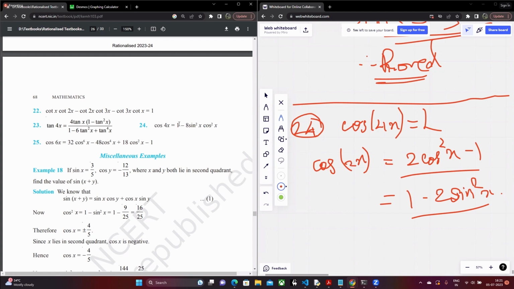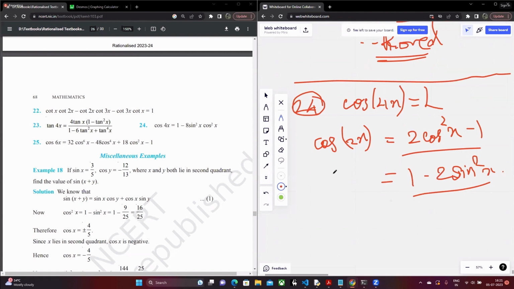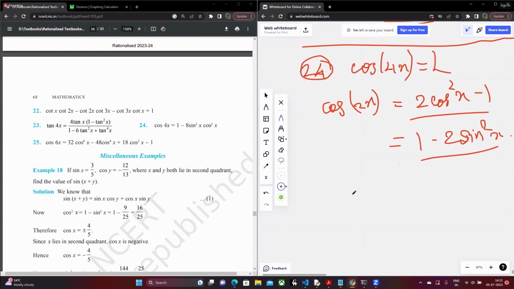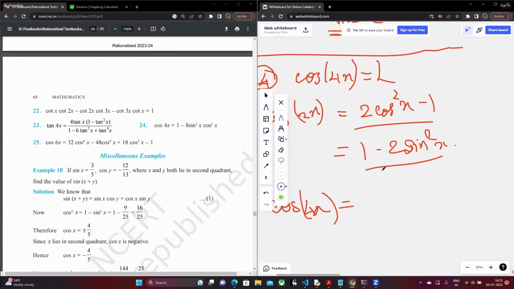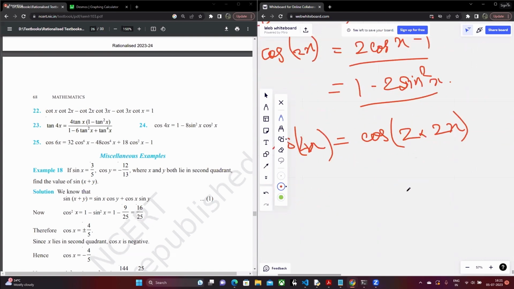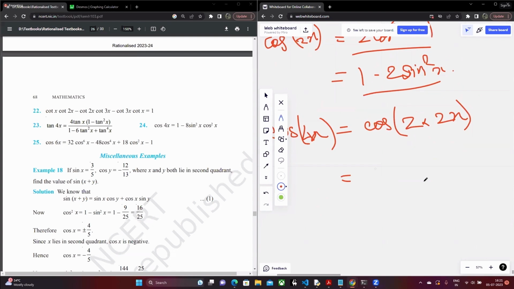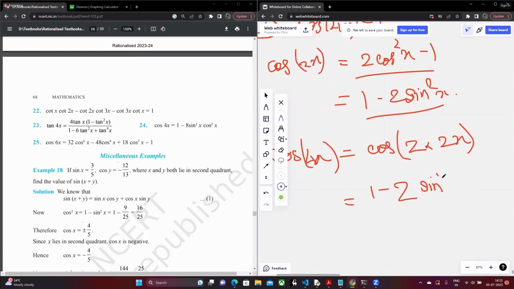That is why you have to be careful in writing down cos 4x. Now, I can write down cos of 4x as cos of 2 into 2x. That is going to be 1 minus 2 into sine squared of 2x, using this formula.